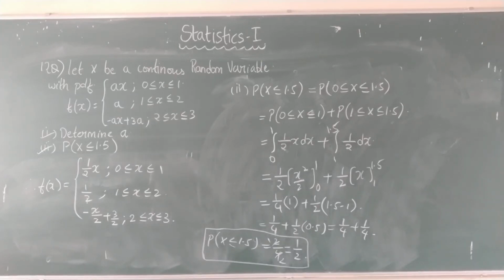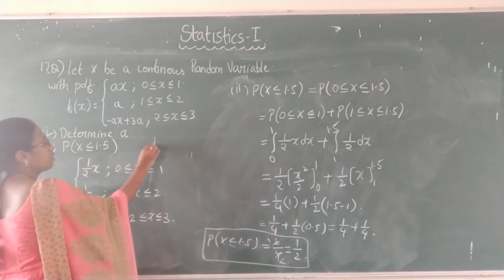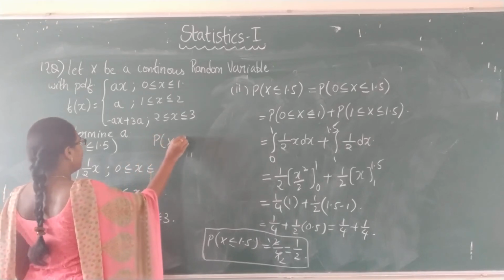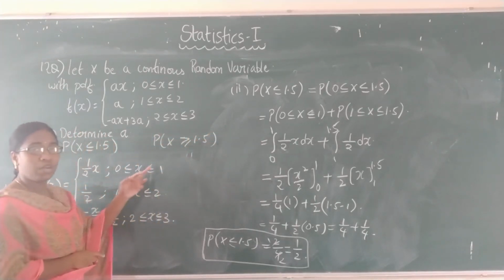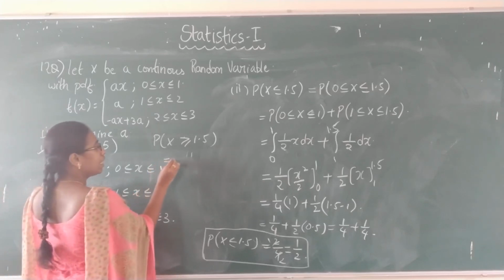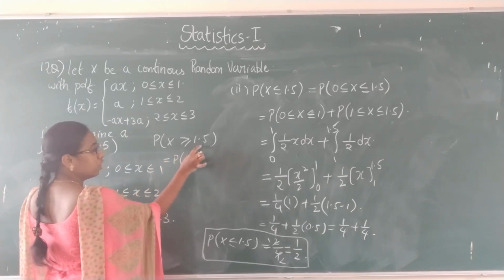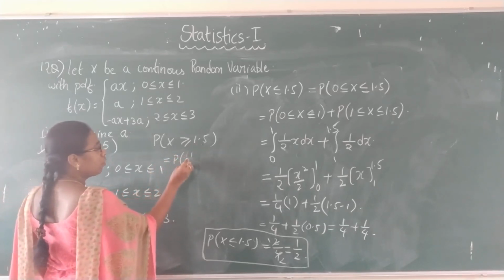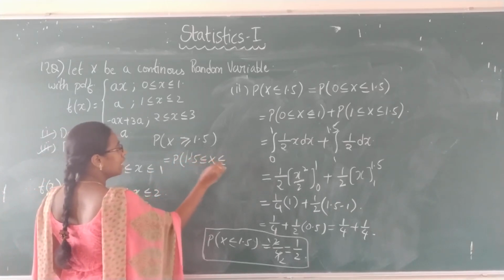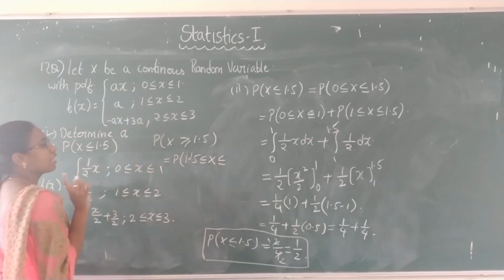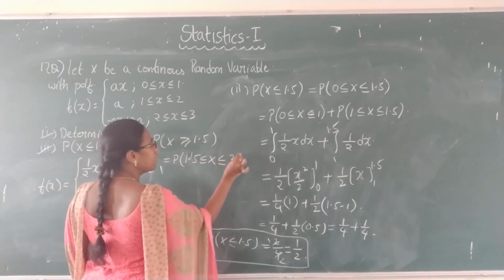If I ask to find the probability of x greater than or equals to 1.5, it can be written as probability of, here the lower limit will be 1.5, 1.5 less than or equals to x less than or equals to, what is the maximum limit? Maximum limit is 3.